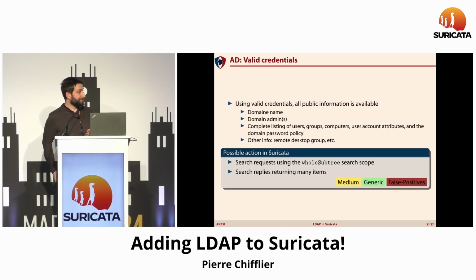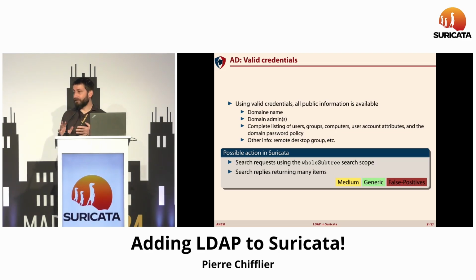Usually the second step of an attacker, when they have credentials, is to again completely list information: domain, admins, names, administrators, and so on. This kind of request can be detected because they are using the whole subtree search scope and returning many, many items.